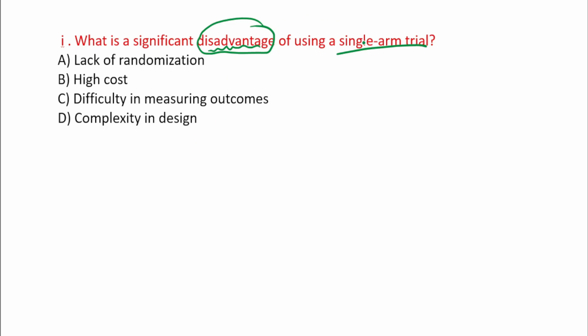So what is the disadvantage of using a single arm trial? Directly I'll tell you the answer. The answer for this question is option A, that is lack of randomization. Please remember the question and also the answer, that the disadvantage of using a single arm trial leads to lack of randomization.